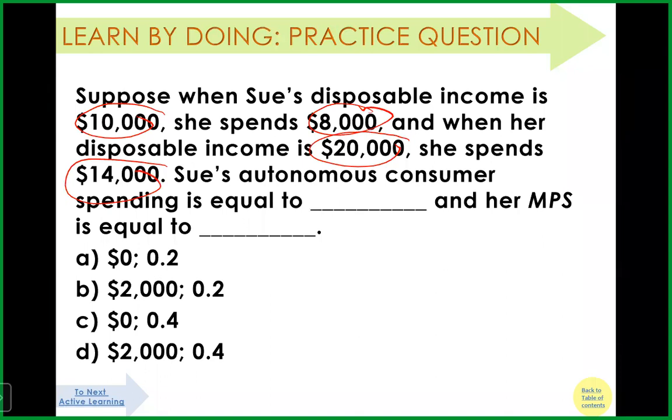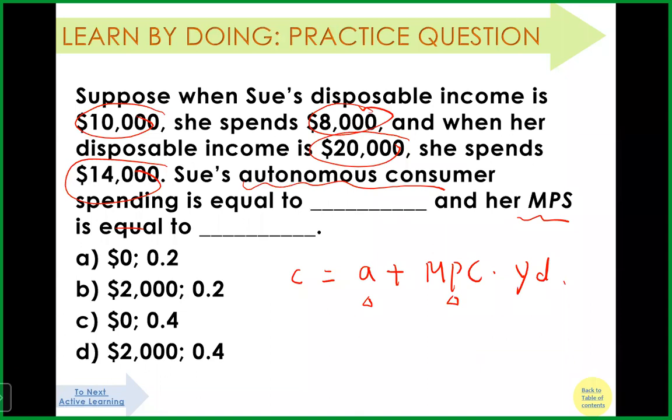The question asks you, what is her autonomous spending, and what is her MPS? Just to remind you, we just learned the consumption function C equals A plus MPC times YD. So basically, we have two things to determine. One is A, the other is MPC.